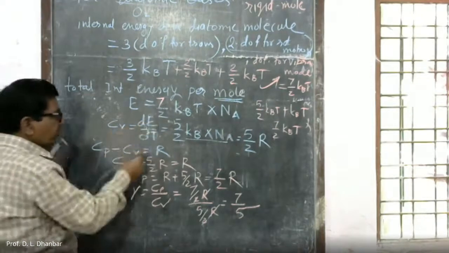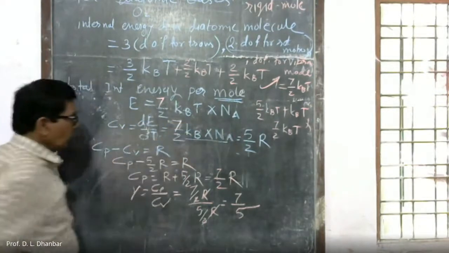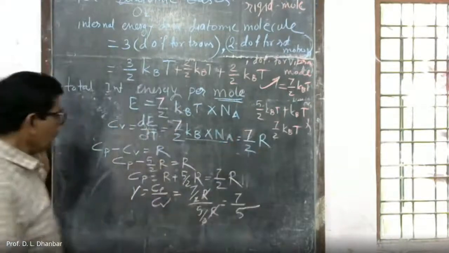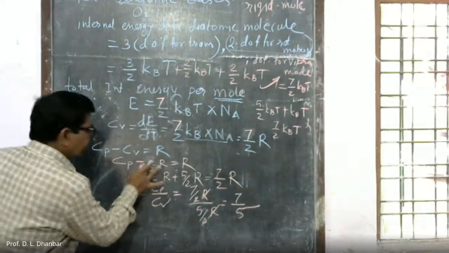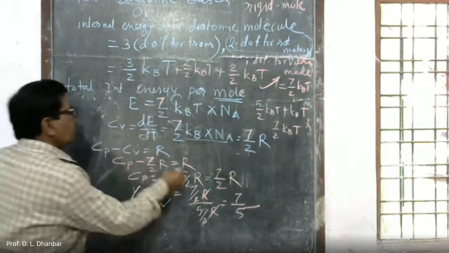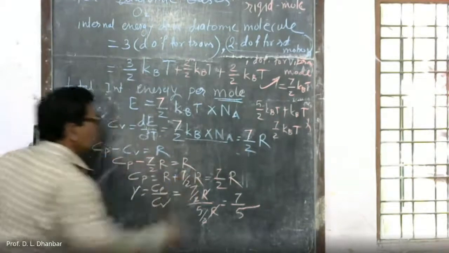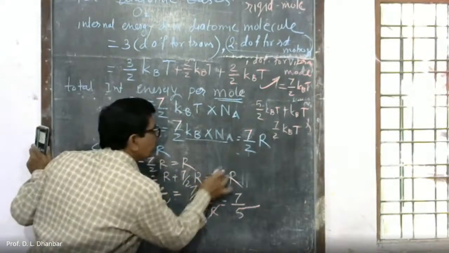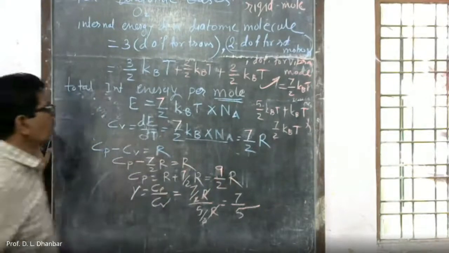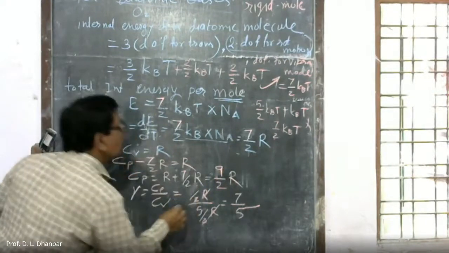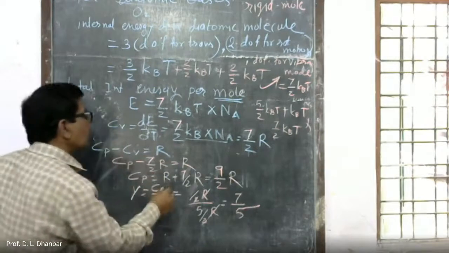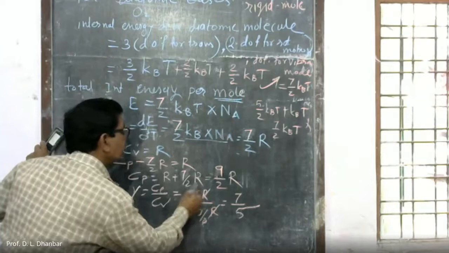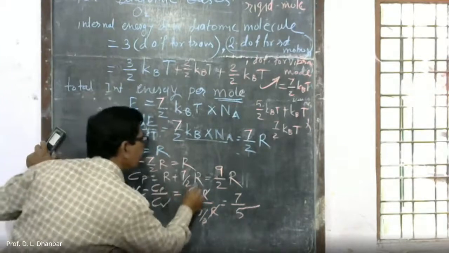Cv is equal to dE by dT, which comes out to be 7 by 2 R. Then here you will get Cp, which is 9 by 2 R.